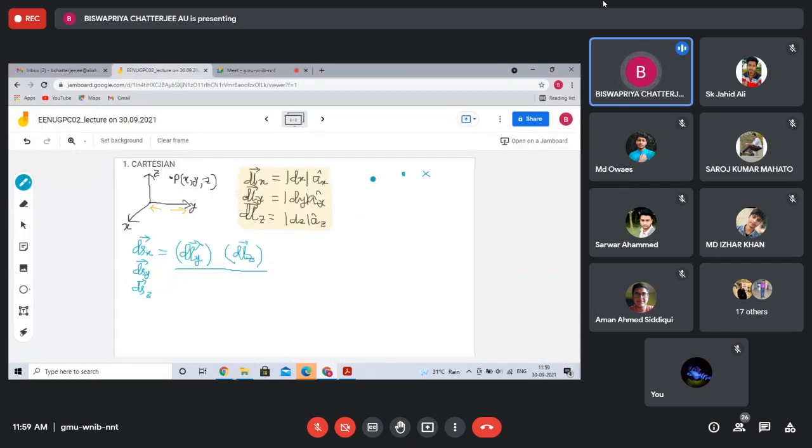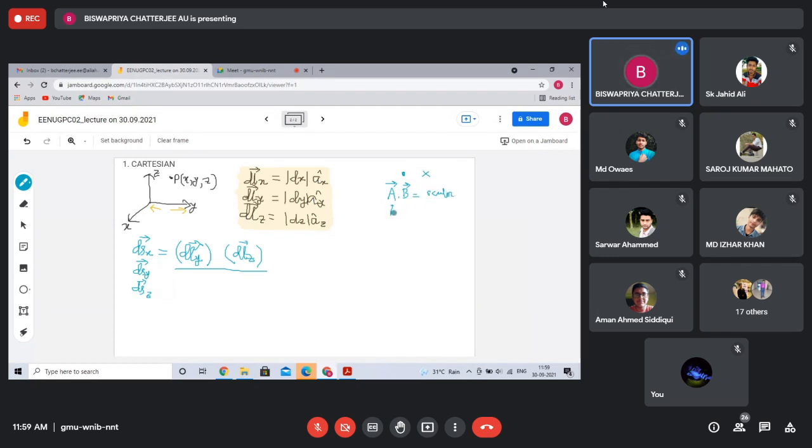You see, when you do a dot b, the result of the dot product will always be a scalar.